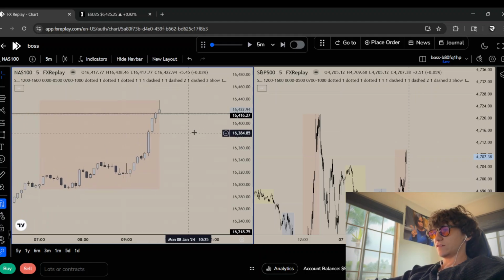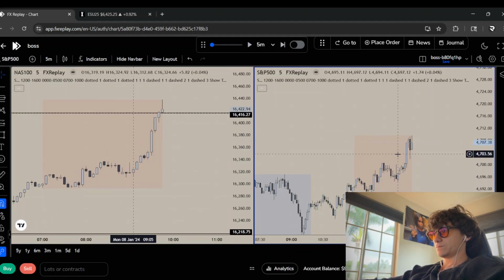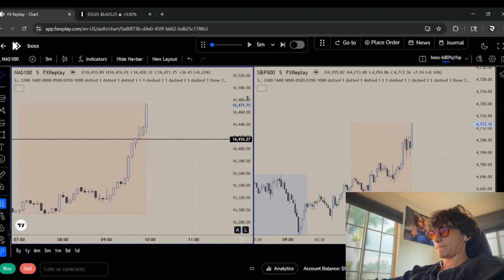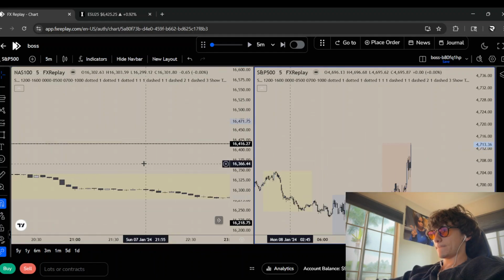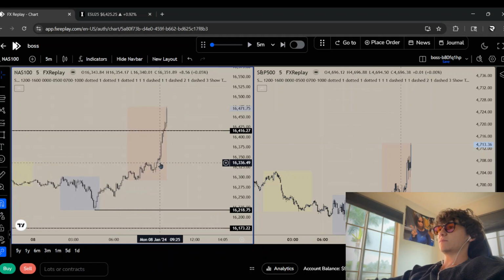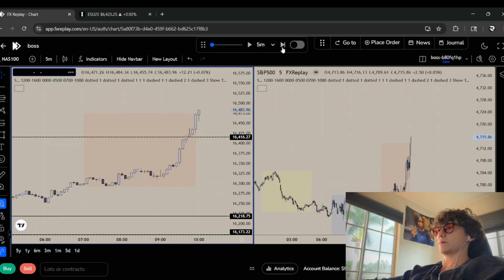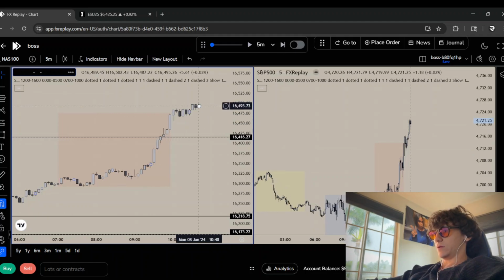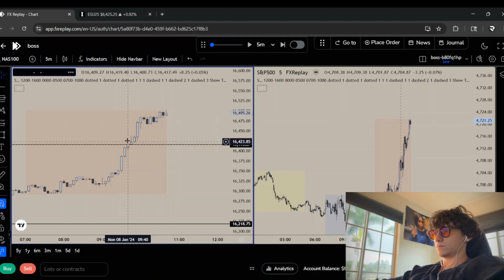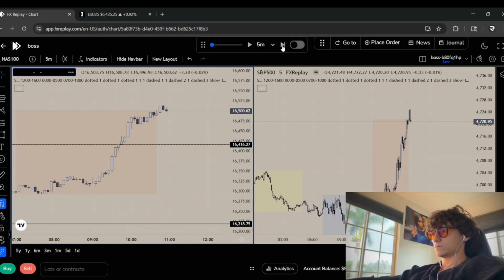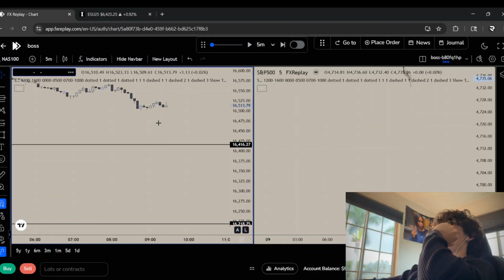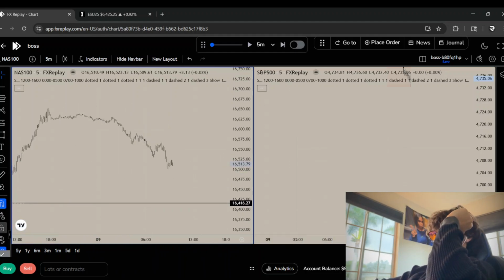This could be a high time frame SMT. Why does my chart keep skipping around? So market opens and we just rip all day. And then chop. It's a Monday, that's why, anyways. It's a Monday, probably don't want to trade Mondays anyways.